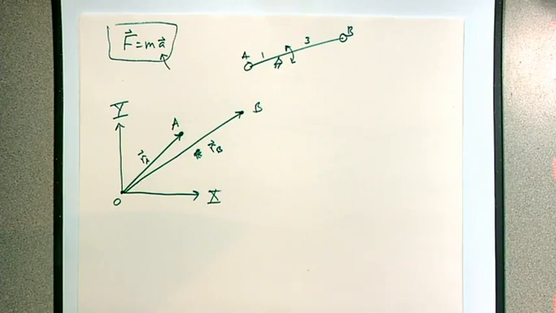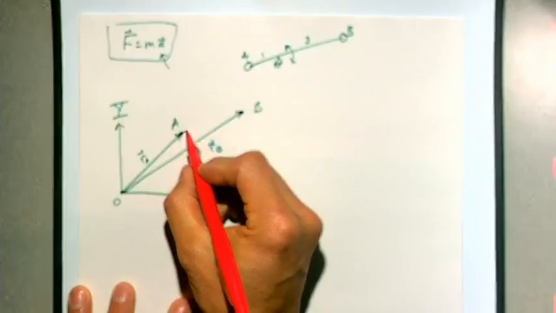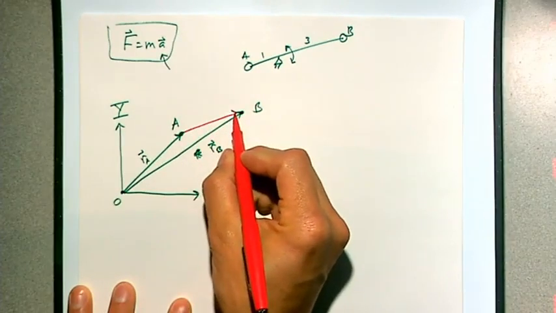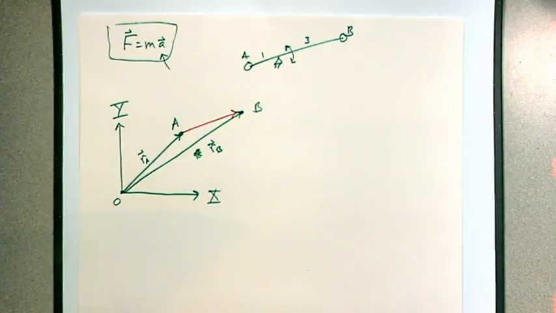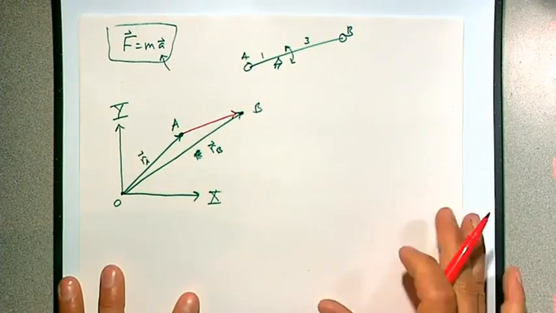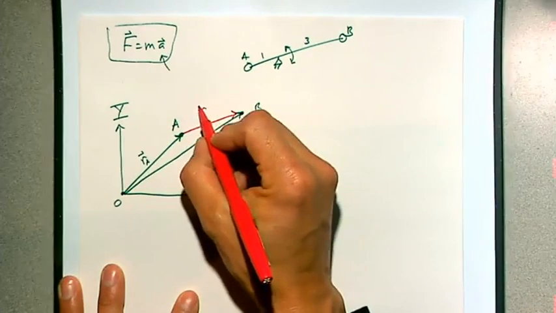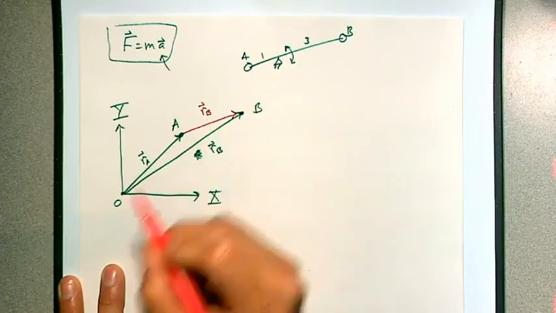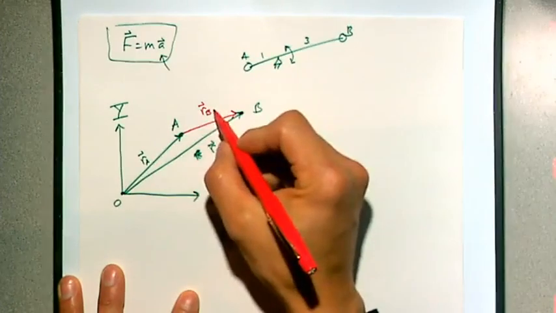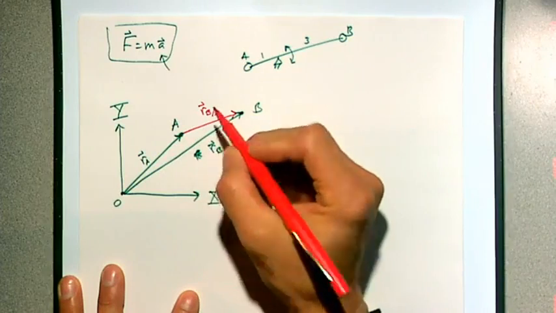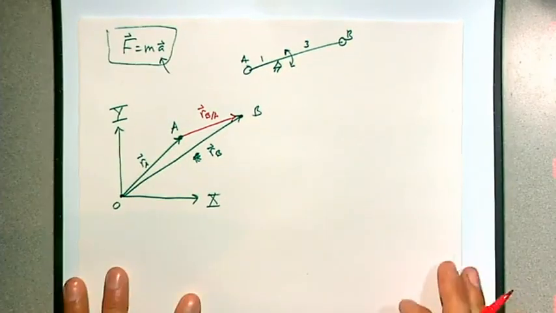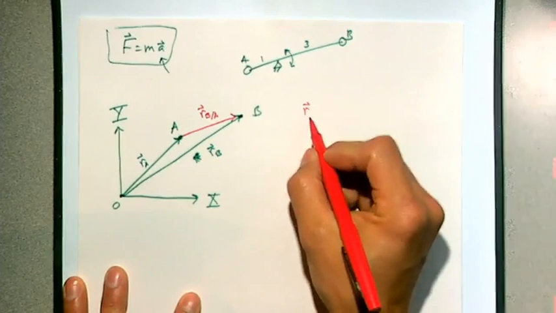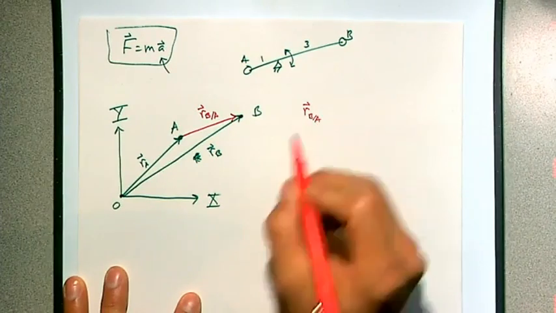And then what I want to be able to write today is this vector between these two. We're going to give this guy a name. This is my position vector R of B with respect to A, R_B/A.